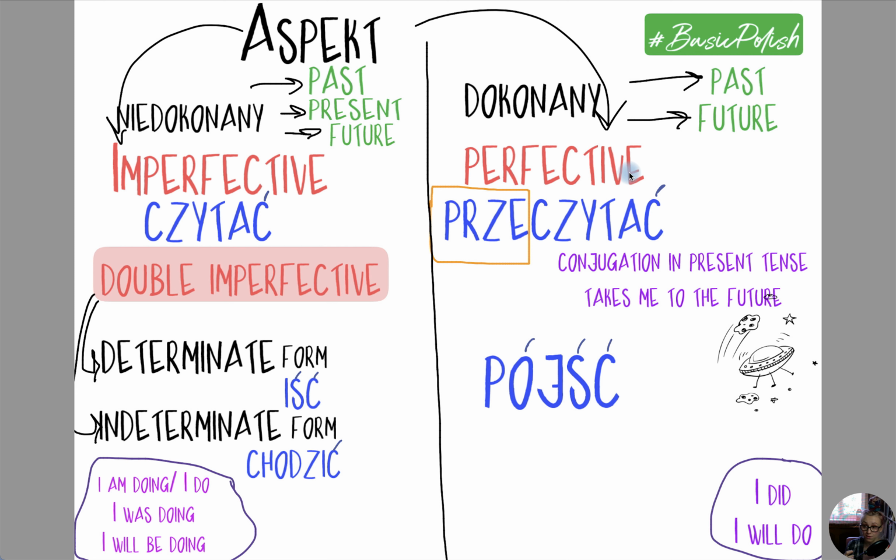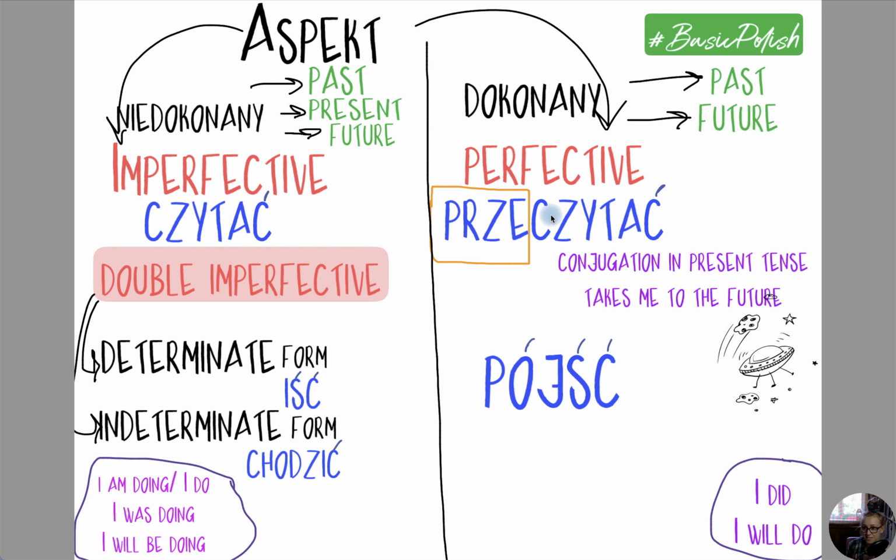So we can draw the conclusion that perfective verbs don't have a present form. You cannot say that you are doing or you do something using these verbs. They will either take you to the future, as you just saw, or they will take you to the past. You will observe that in a second. So there is no present form of perfective verbs.